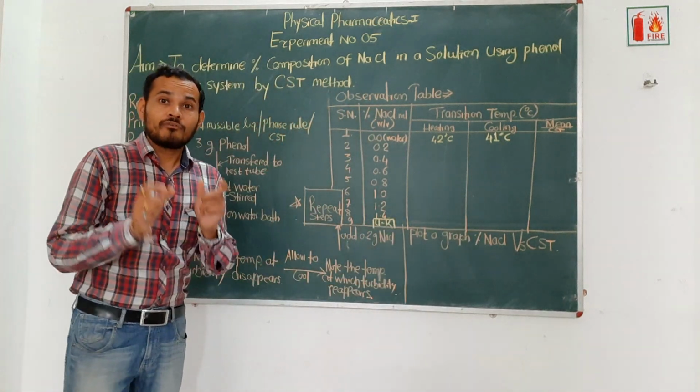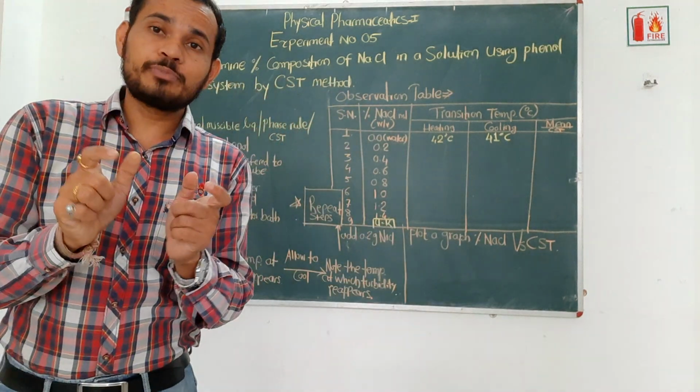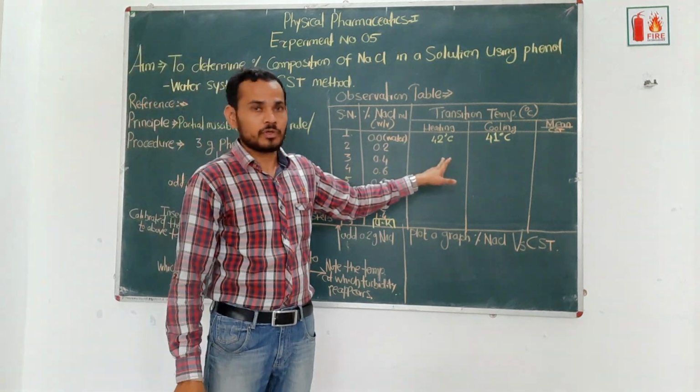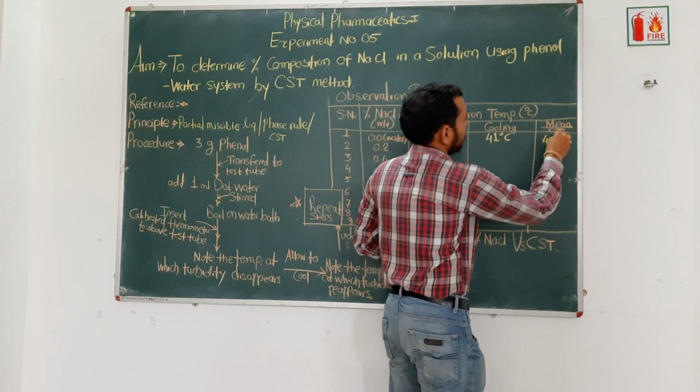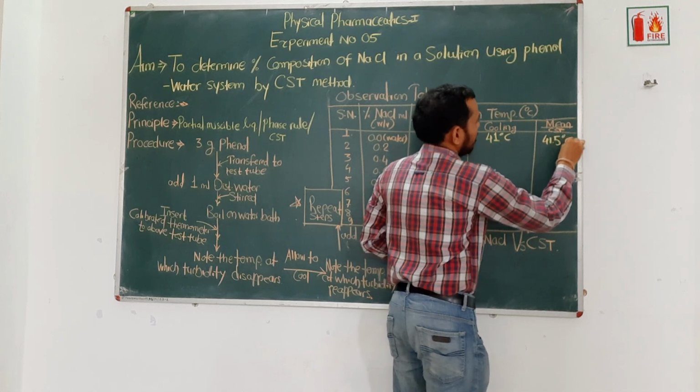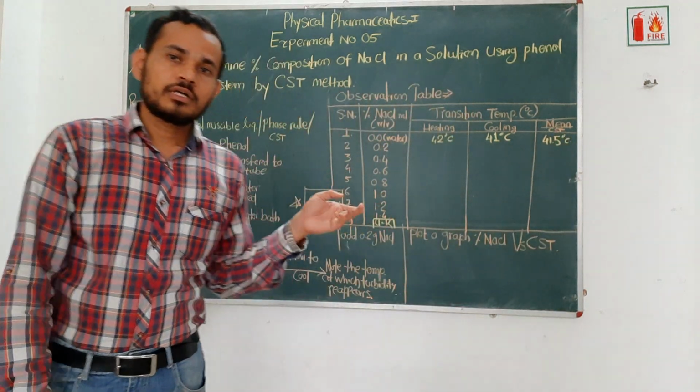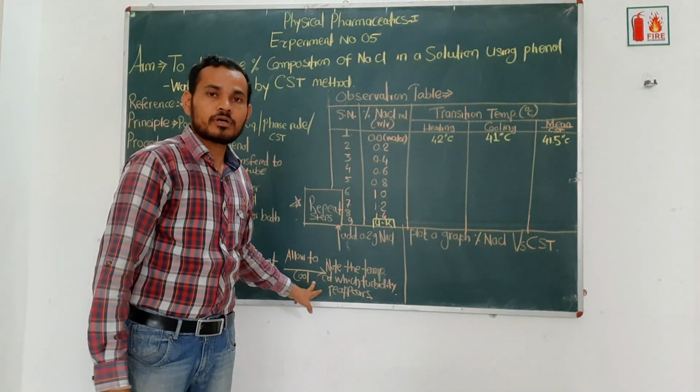Okay, so our critical solution temperature lies between both of these. So we have to take the average of these, and this is the critical solution temperature of our solution.